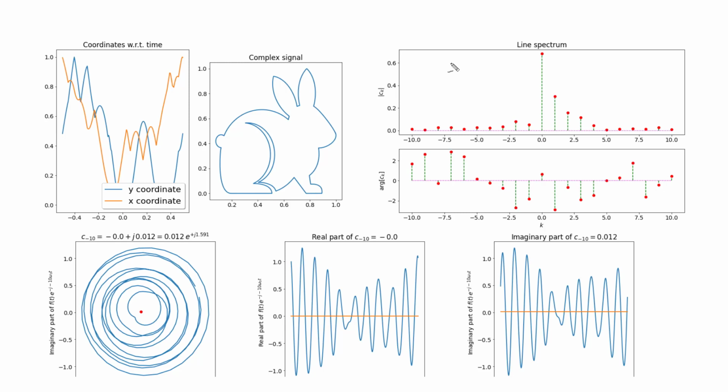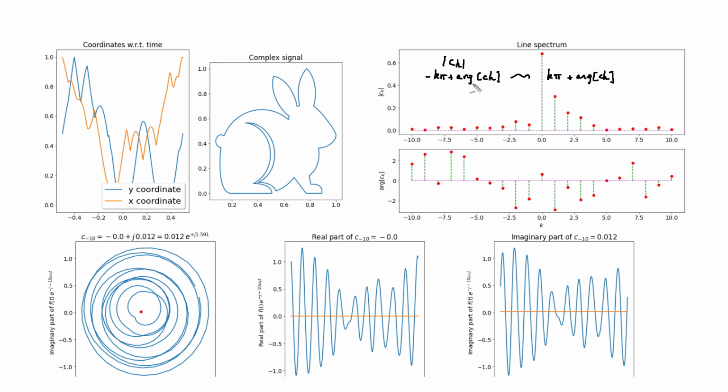Associated to that will be a phasor, and its length will be the modulus of c k, and this phasor will turn from minus k pi plus argument of c k, and it will go up to k pi plus argument of c k. This is something that we have seen in the previous video, and it's valid for periods that are centered around t equal to 0, as is the case over here, right?